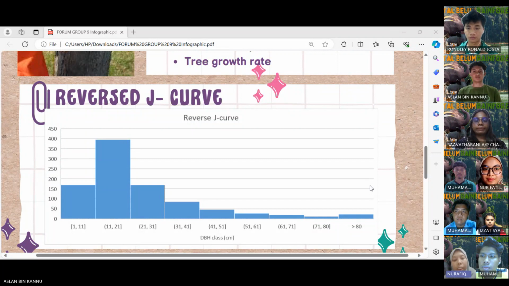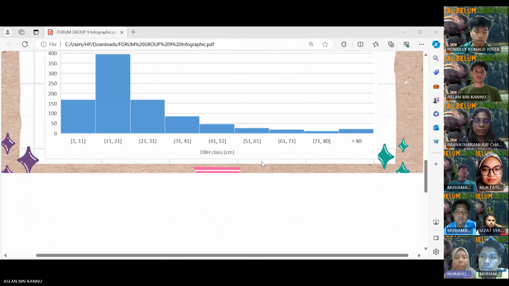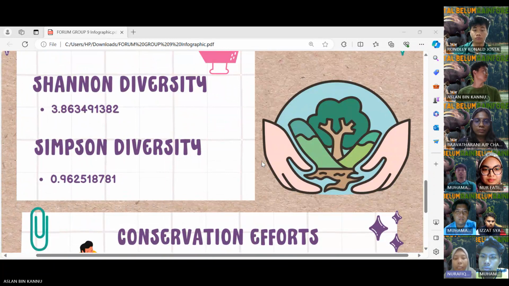Refer to the formula: D is the Simpson Diversity Index, small n is the number of individuals of a particular species, and big N is the total number of individuals of all species. So the Simpson Diversity Index is 0.96251871.